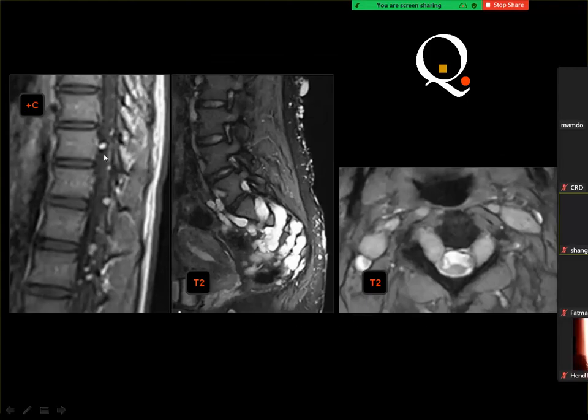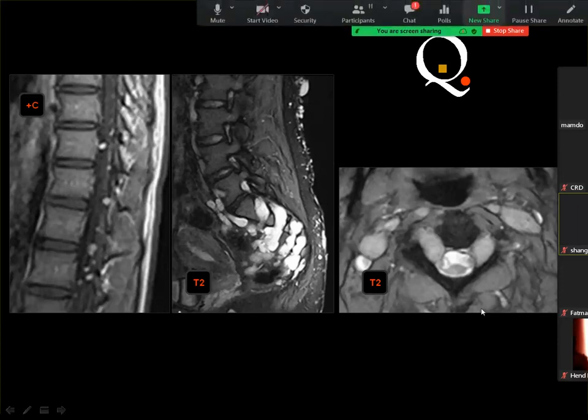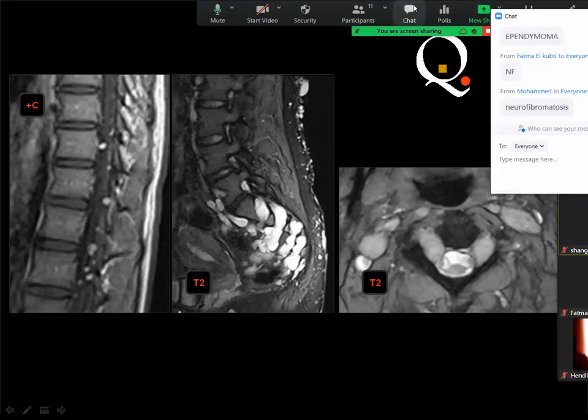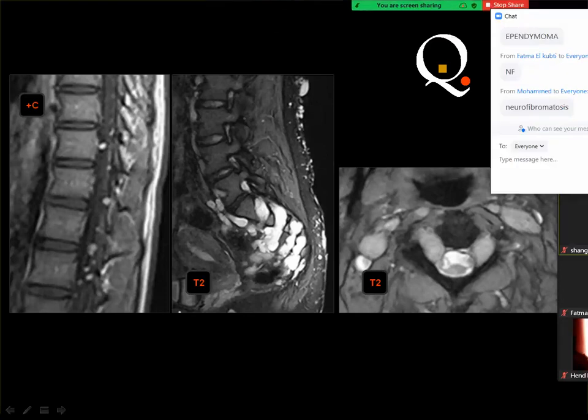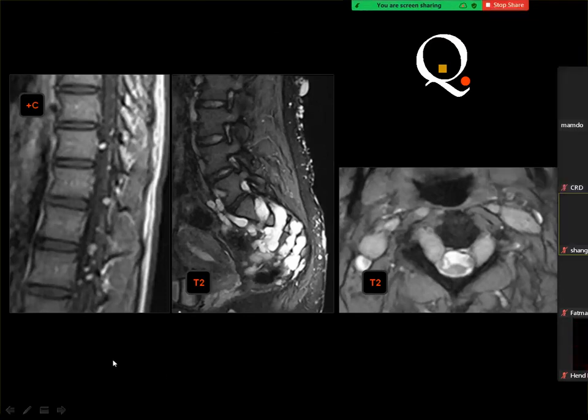The next case is just the sagittal of the dorsolumbar spine, post-contrast, and axial T2 of one of the cervical vertebrae. Then the answer is right. This is neurofibromatosis with extensive intraspinal neurofibromas, markedly evident in the sacral region, affecting most of the sacral nerve roots.